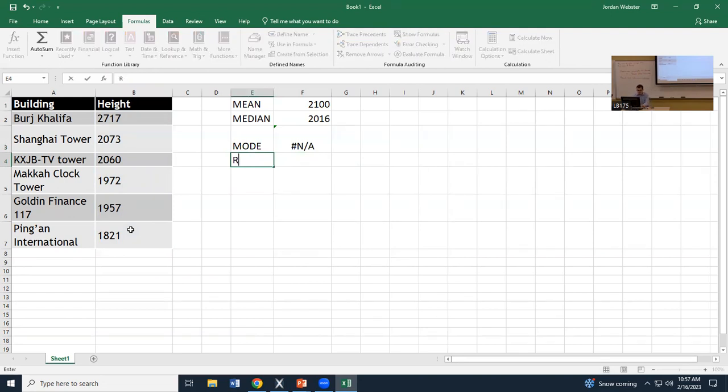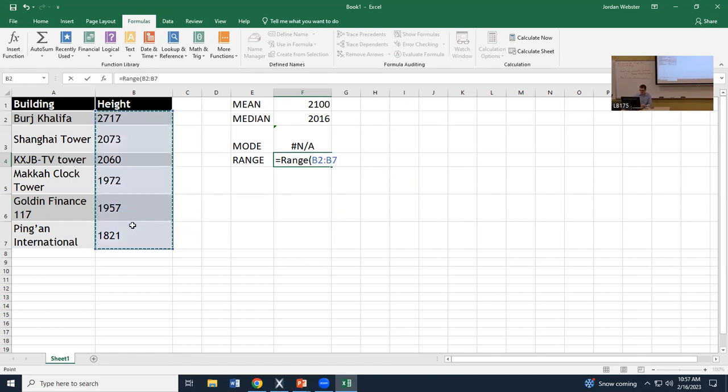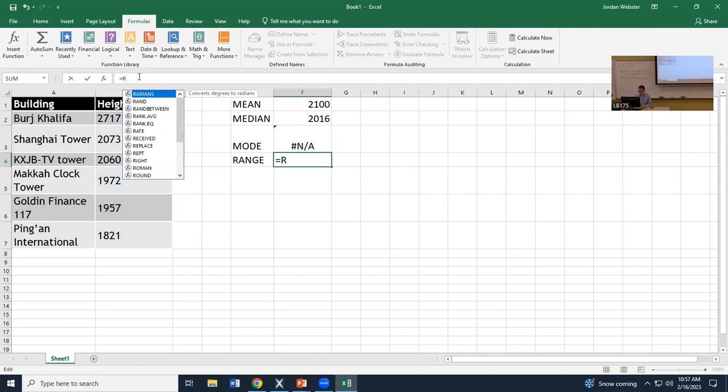You can do the same thing with the range. Just go equals range. I think it's range. Oh, I hit the wrong one then. Range. Distance.